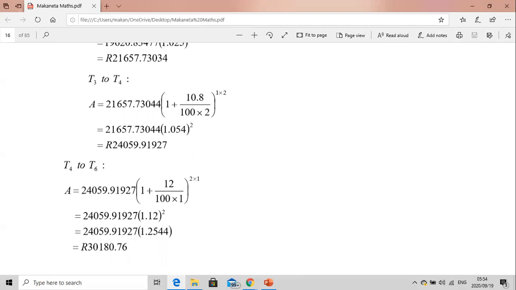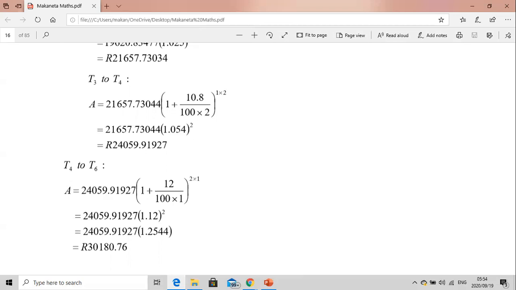once. Remember that the last 2 years, once again, the last 2 years, it will be 12% interest. So you take the 24,059 rands as it is, 91927 without rounding off, and then you put it as your principal amount now.